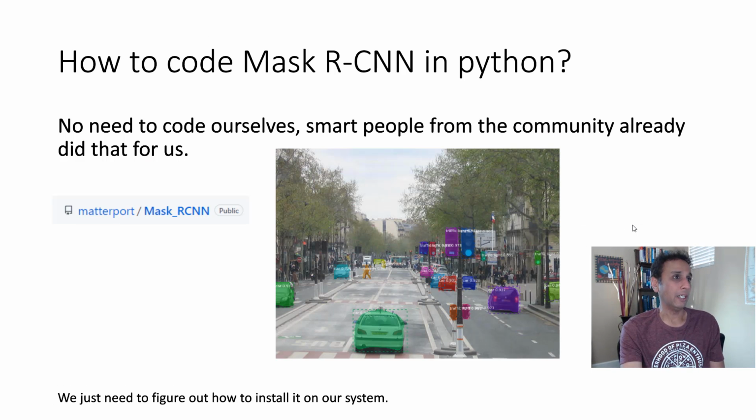Okay, so finally, how do we do the coding of this mask RCNN in Python? Well, we don't have to do anything because there are a lot of smart people out there who came up with the original, for example, Keras version of mask RCNN, and that uses TensorFlow 1.0, and then someone else said, well, now we are using TensorFlow 2.0, so let me convert everything into 2.0, and you'll find various libraries where people change that original one into 2.0 and so on.